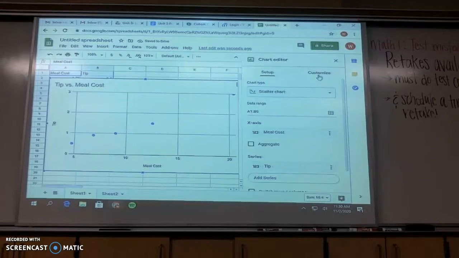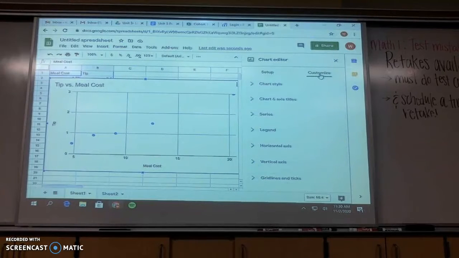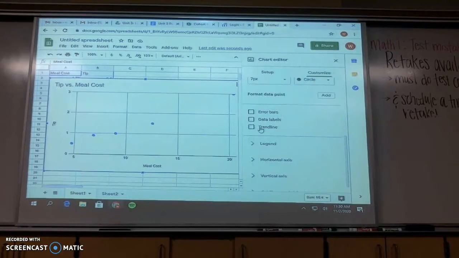After you do that, you're going to come up here to Customize, and you're going to come to Series. Scroll down to where you see Trend Line.